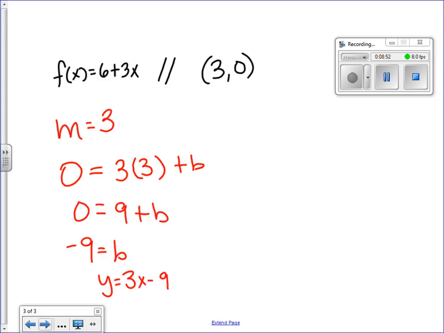I totally would have gone with point slope on that one because you have y equals right there. y equals 3 times x minus 3. y equals 3x minus 9. Look how many fewer steps that was.